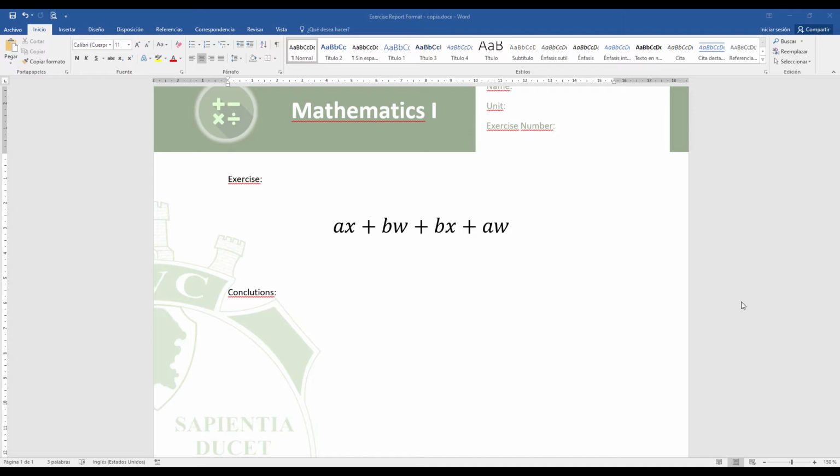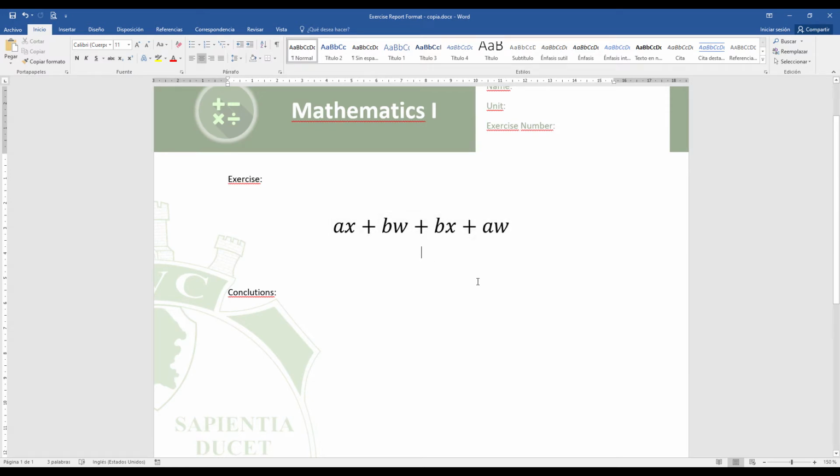Okay, if you look at that exercise and you look for a common factor, you find, for example, that the a and the a repeats 2 times, b and b 2 times, x and x 2 times, and w 2 times.